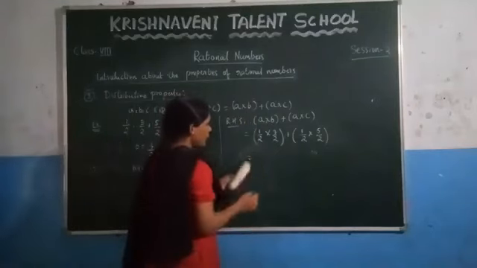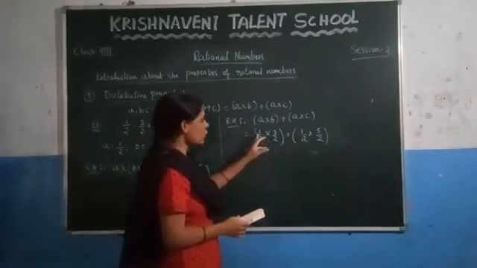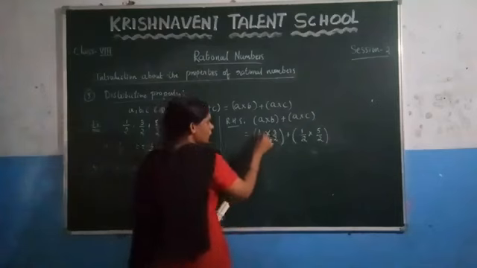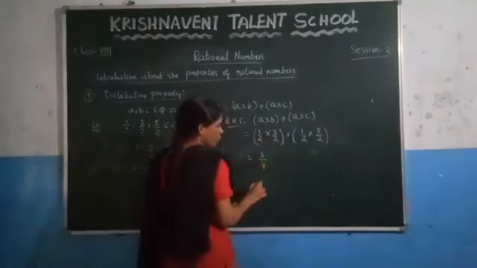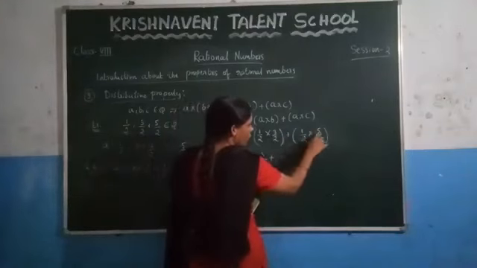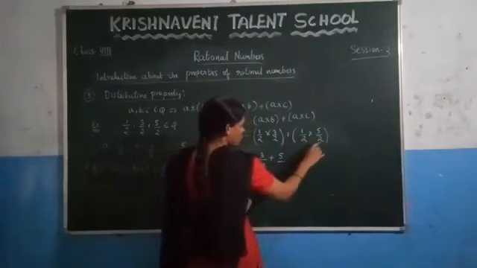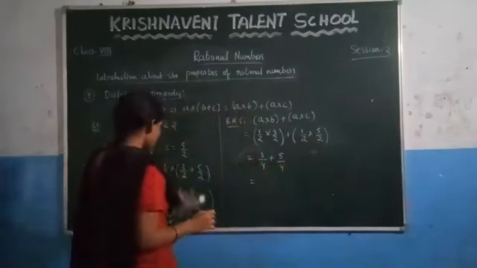Here we are multiplying two fractions. How do you multiply two fractions? Just multiply the numerators and multiply the denominators. So what you get here is 1 into 3, which is 3, and 2 into 2, which is 4. Now solve this one. 1 into 5 is 5, and 2 into 2 is 4.